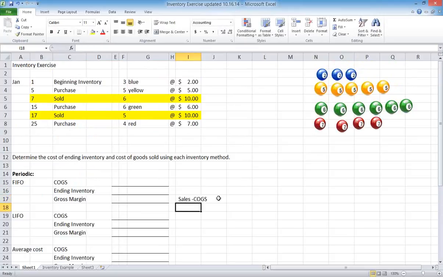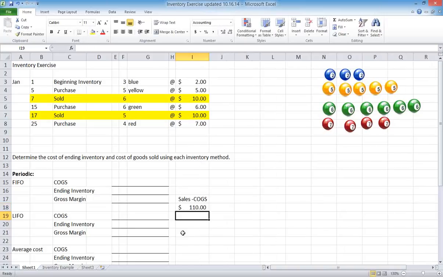My sales will be the same in every one. How many units did I sell? I sold 11 units at $10 a piece. So my sales are always going to be $110.